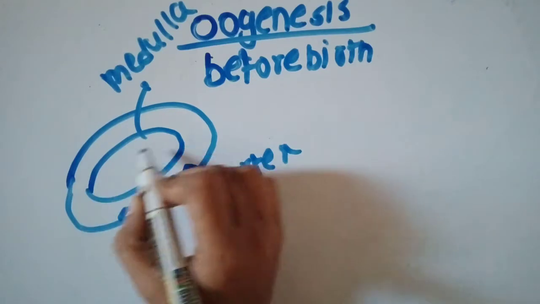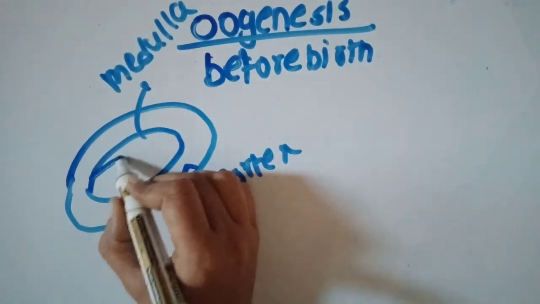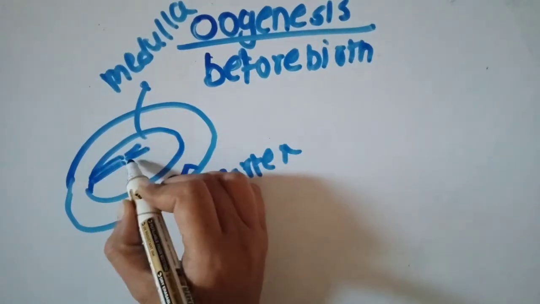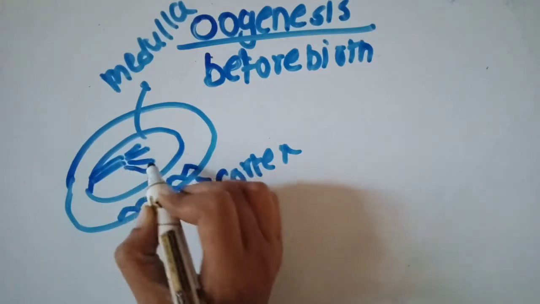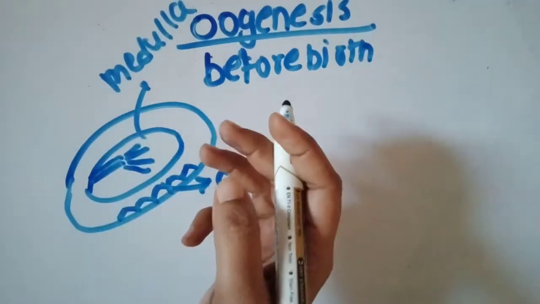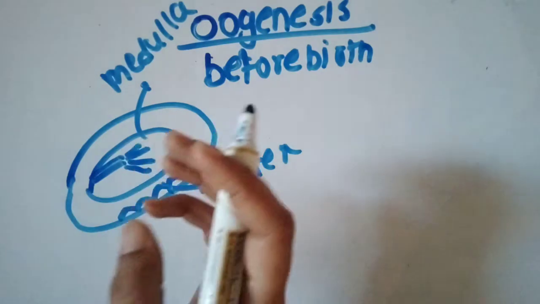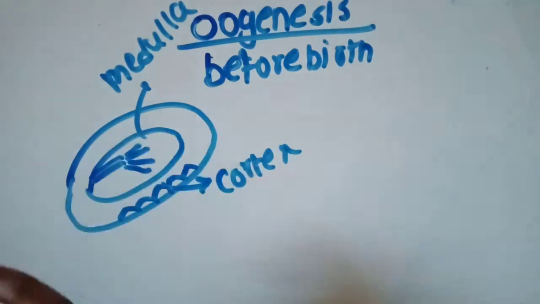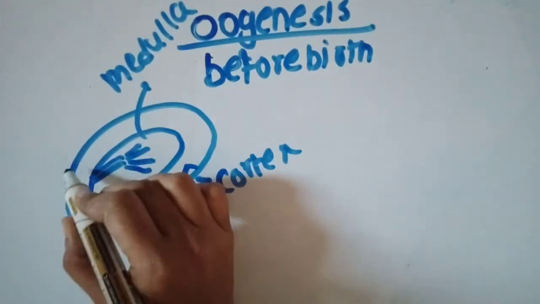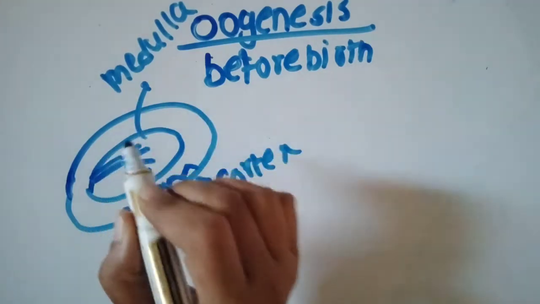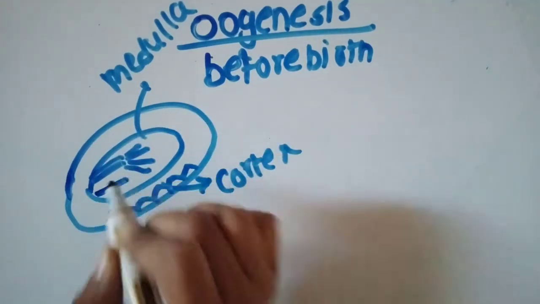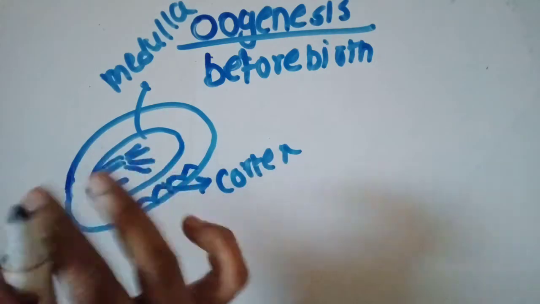And the innermost part, that is the medulla, consists of blood vessels. You know, the ovaries also require some oxygenated blood, they also require some nutrients, and they also give out waste products. So that's why the blood vessels supply blood to the ovary. There are some nerve fibers and some lymphatic vessels also there.